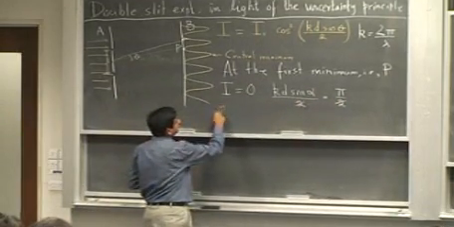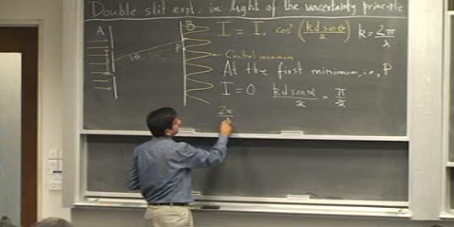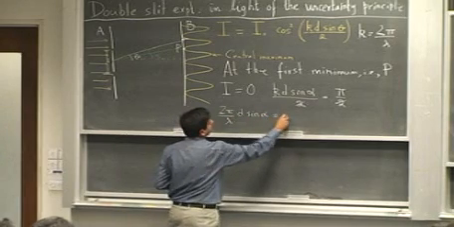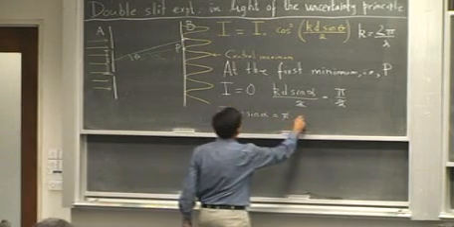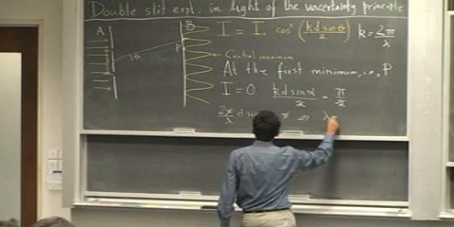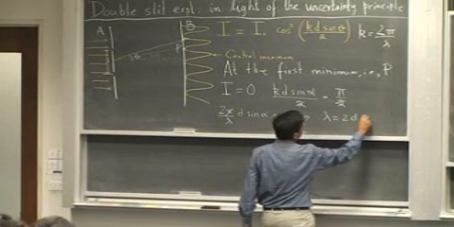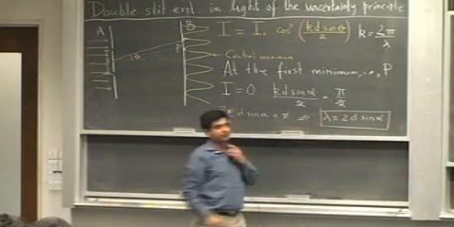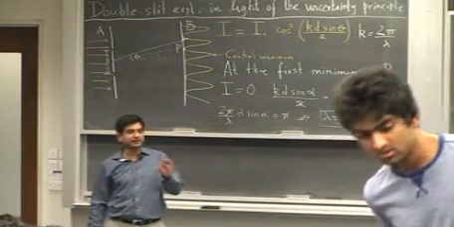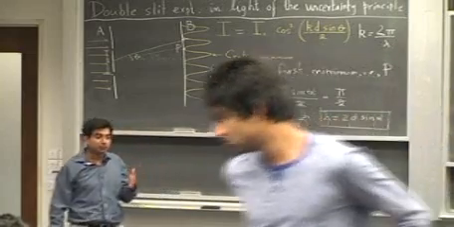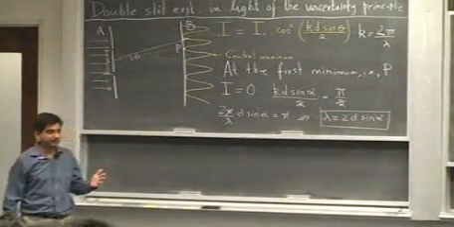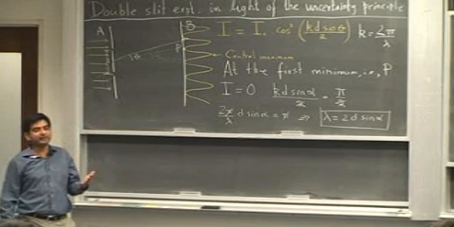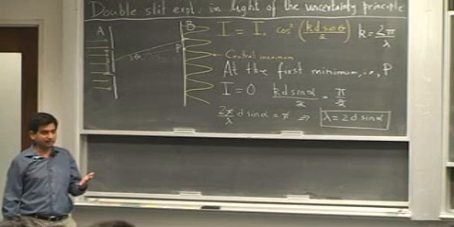Which means 2 pi over lambda d sine alpha equals pi, which means lambda equals 2 d sine alpha. So by looking at the neat double slit interference pattern, one can tell what the wavelength of these matter waves is.